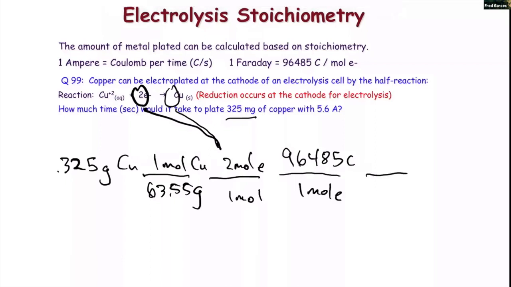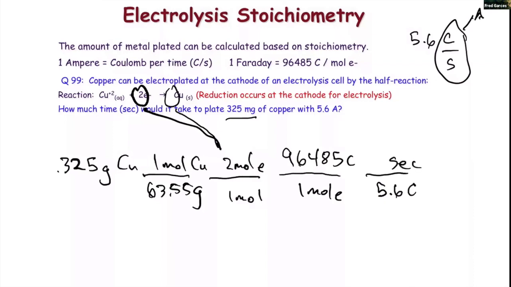I can use the amperes, 5.6, remember it's 5.6 coulombs per second. That's an amp. And if I cancel that, cancel that, cancel that, and cancel that, I'll get my time.